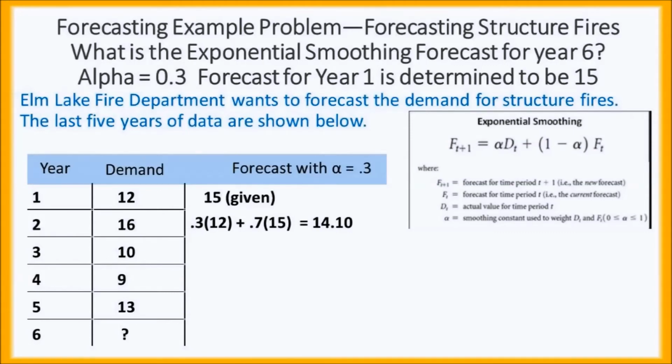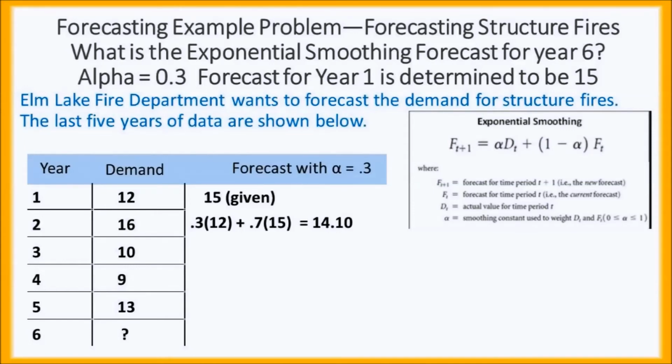So this is going to equal alpha, 0.3, multiplied by our current demand, 12, plus 1 minus alpha, 0.7, times our current forecast, or the forecast that was given previously for our current year, which is 15. When we do that math, we find our forecast for year 2 to be 14.1. And again, that forecast is wrong. We forecast 14.1, but the actual demand is 16.